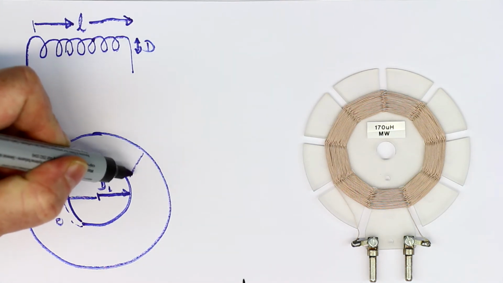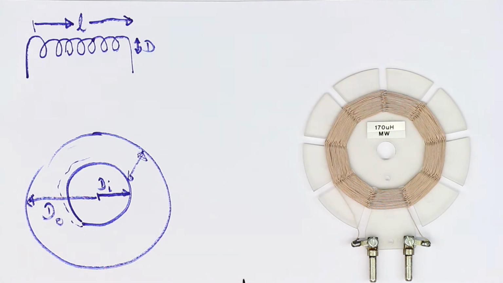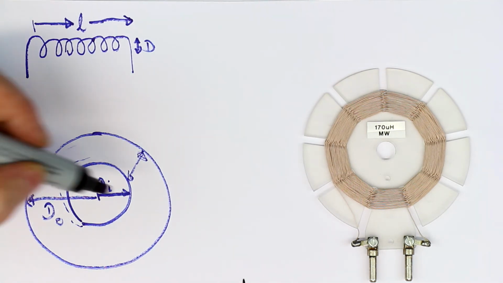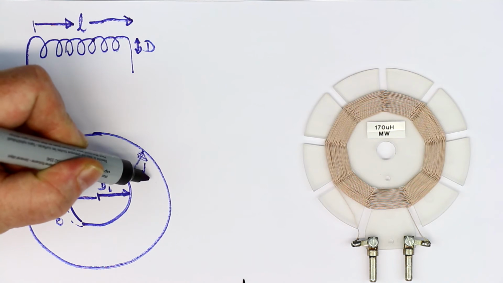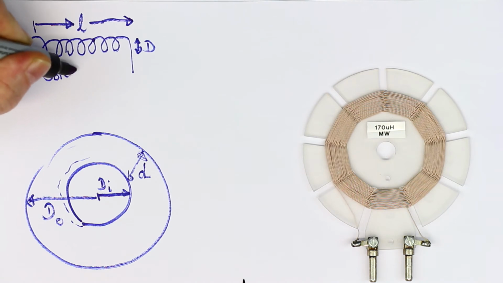And then we have the size of the winding. Let's call this with a small d. This looks totally different from the designations in a solenoid winding.